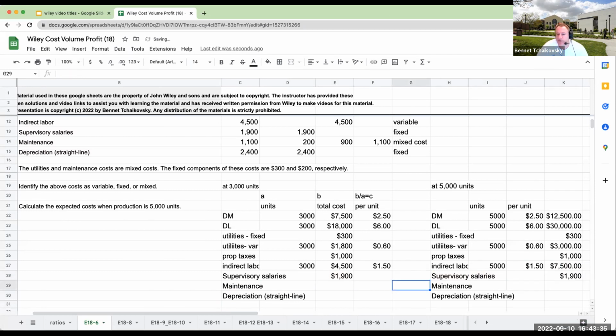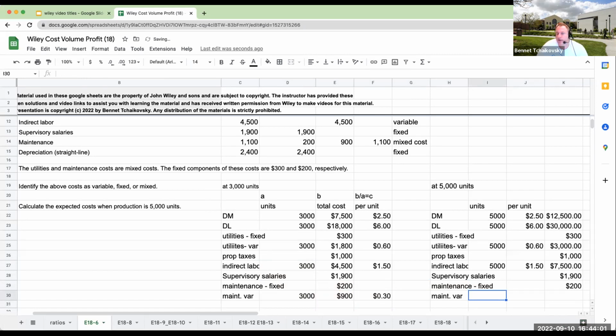Okay, so for my maintenance, and I didn't do this correctly, so I'm going to have maintenance fixed, maintenance variable. My fixed maintenance costs are 200. So this would also translate to over here at 200. My maintenance variable, 3,000 units, 900.